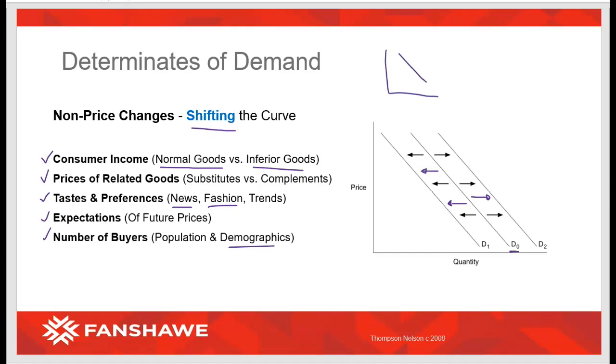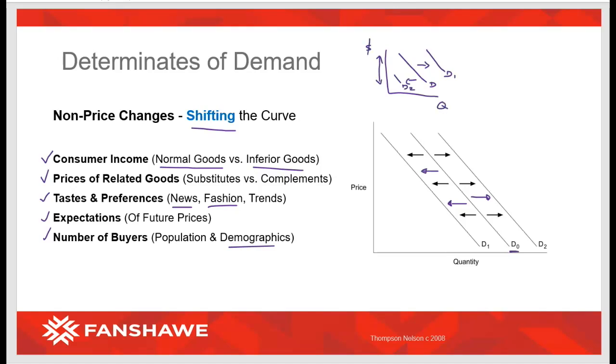We have a downward sloping demand curve. It may shift depending on the different determinants, what's happening in the marketplace. And regardless of where it is, as price goes up and down, here I should label these, price and quantity.